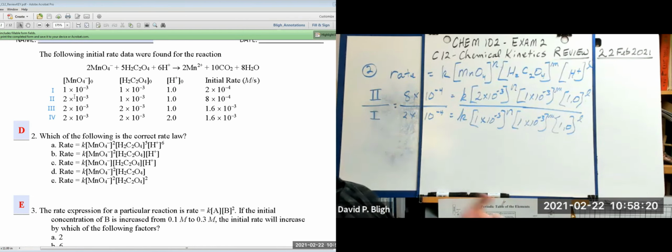Now that's, like I said before, coincidental. The fact that this is second order has nothing to do with that. It may have something to do with the mechanism, for sure. All right, so how do we approach this?